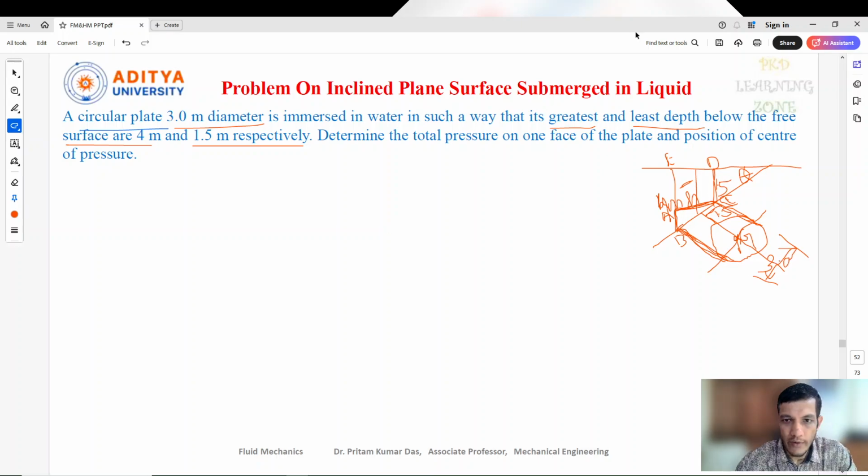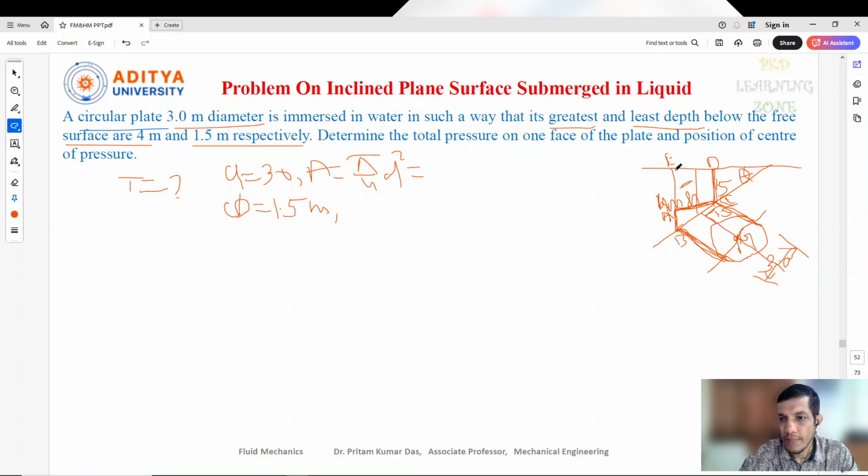So we need to find out the total pressure again. Now here diameter given 3 meter, so you can calculate the area of the circle, that is pi by 4 d square. We'll get some value here. Now distance CD equal to 1.5 meter. This is the value CD, the distance from this upper end point to the free surface of the liquid, 1.5 meter.